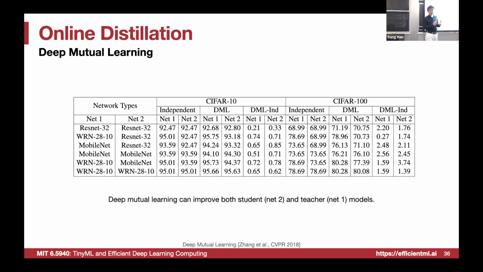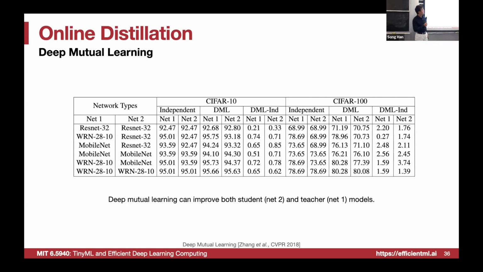But if we use this kind of deep mutual learning, the accuracy is actually higher compared with these models training independently. And this is the improvement. We see, at least on CIFAR 10 and CIFAR 100, the difference is all positive, meaning that such deep mutual learning is better than net 1 and net 2 trained independently.